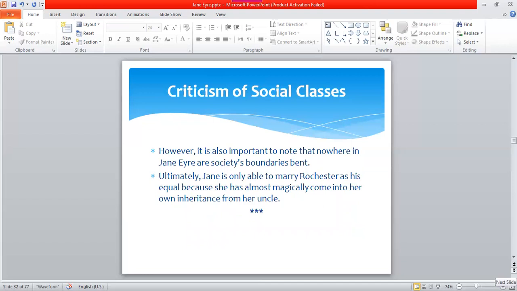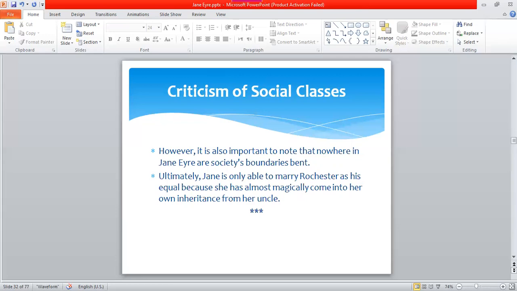However, it's also important to note that nowhere in Jane Eyre are society's boundaries bent, which means the boundaries or the limitations of every social class are very firm, very strong, and can't be transcended.